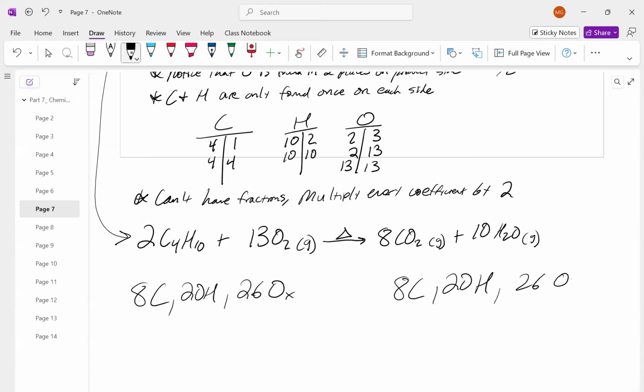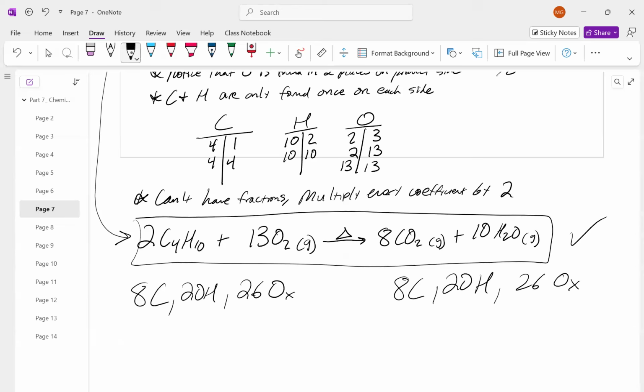That's 26 oxygens on the right. So that is my balanced equation. And notice that it is in its lowest terms. Everything's got a coefficient, and that's fine, but I can't divide any by a certain number and get a whole number. So it's reduced, quote unquote, to its lowest terms.